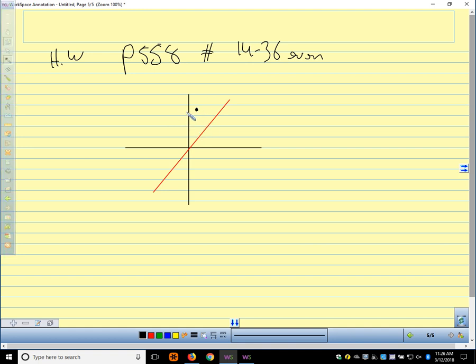What you can do to reflect over the line y equals x is count diagonally across the squares to find your new point. So if this is diagonally across 3 squares, you want to go diagonally across 3 squares to get to your new coordinate. So to reflect over the line y equals x, you just count diagonally. All right.